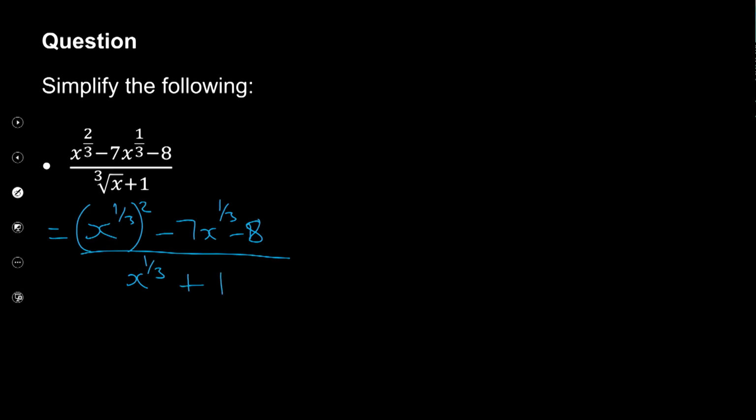So again, the goal is to make sure that the numerator has a term that is exactly the same as the one on the denominator, which in this instance is x to the exponent of 1 over 3 plus 1. So again, let me just quickly do it for you so that you are always on par with what we need to do.